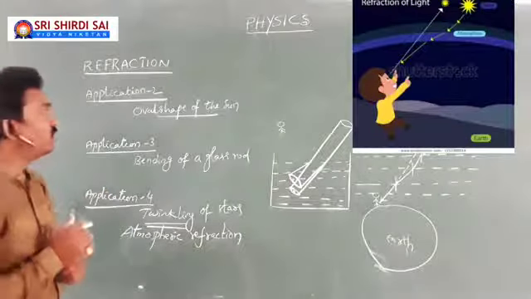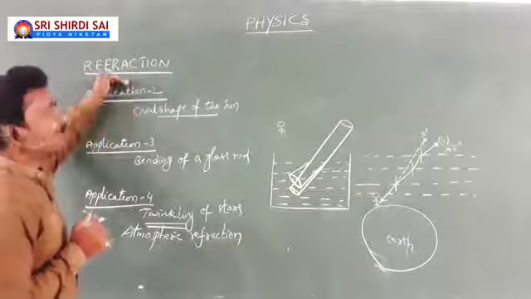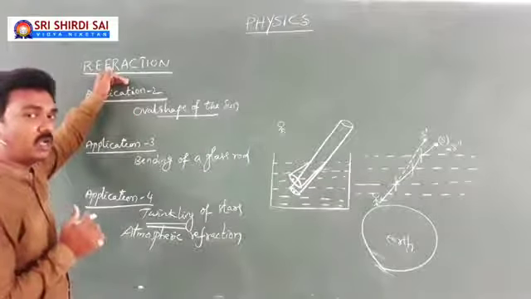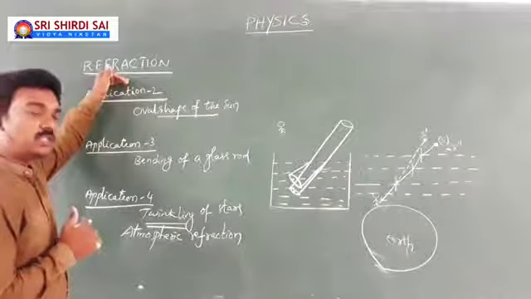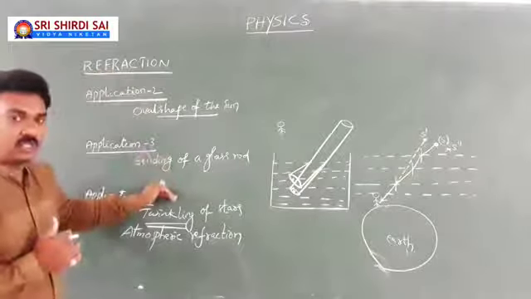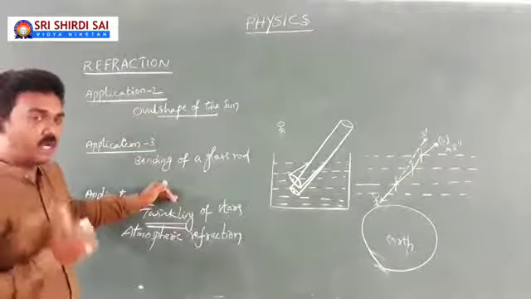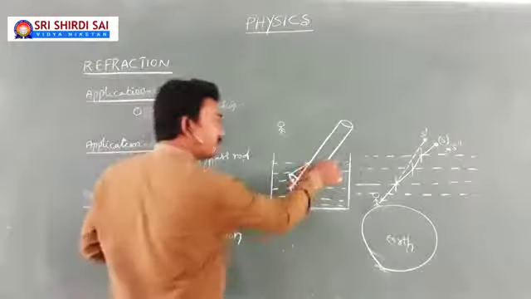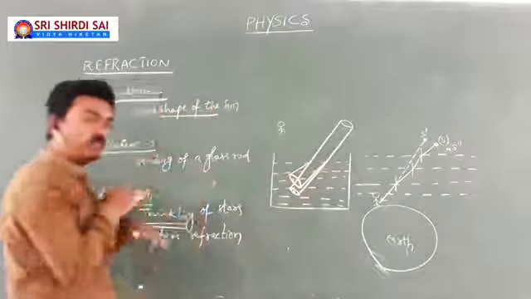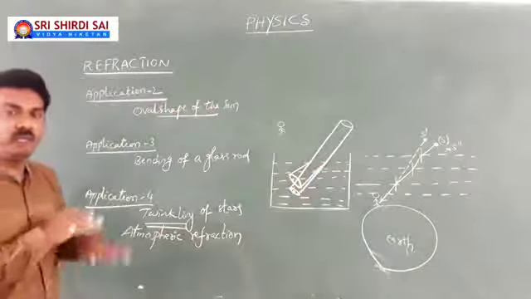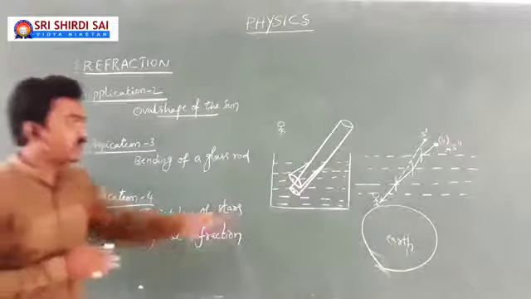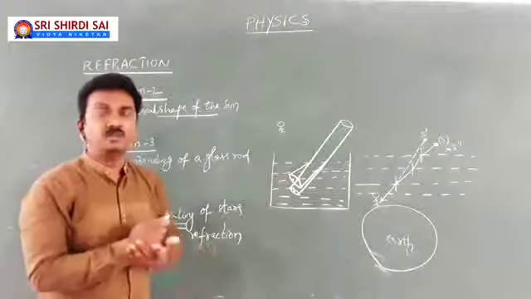And moreover, what I wish to conclude here is, whenever we started the concept of refraction of light, till now we have been dealing especially with refraction of light at an interface where the interface is a plane interface. Your interface may not be a plane always.